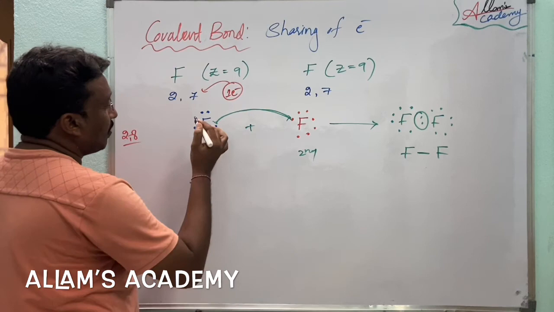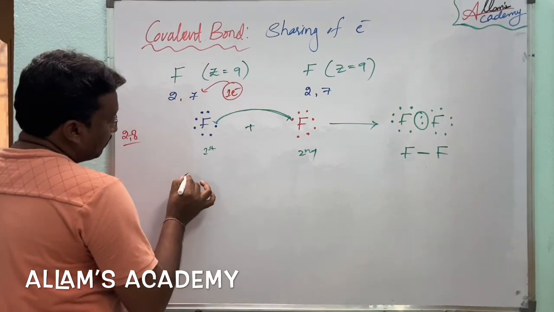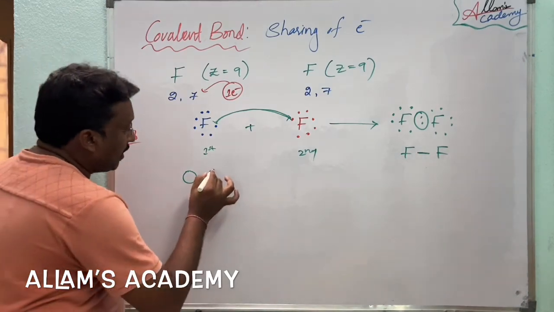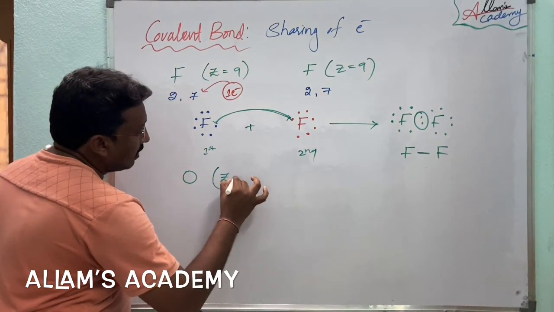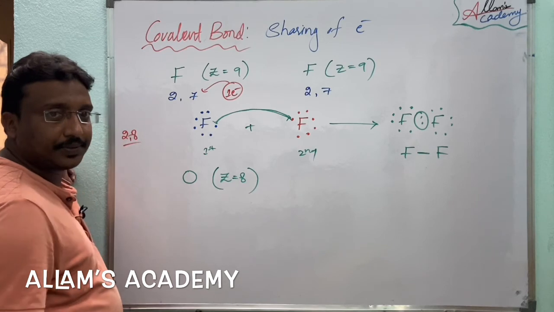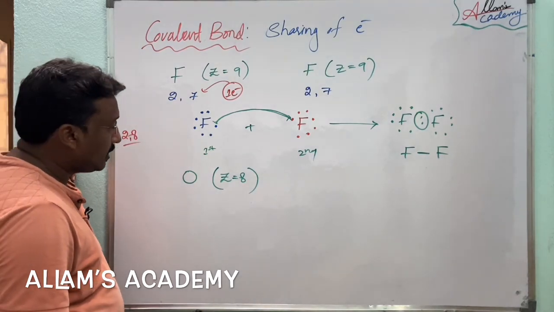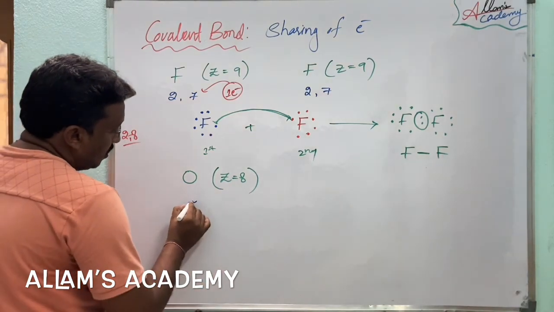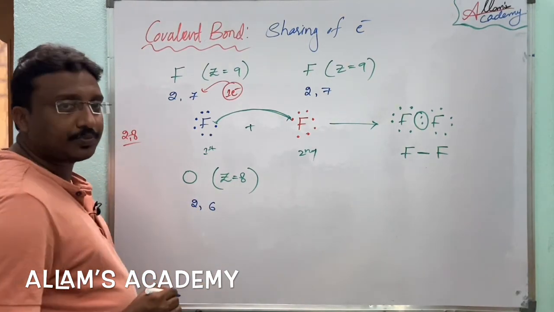Here one more example. What is that? Oxygen. What is the atomic number of oxygen? Z equal to 8. And what is its electronic configuration? 2, 6.